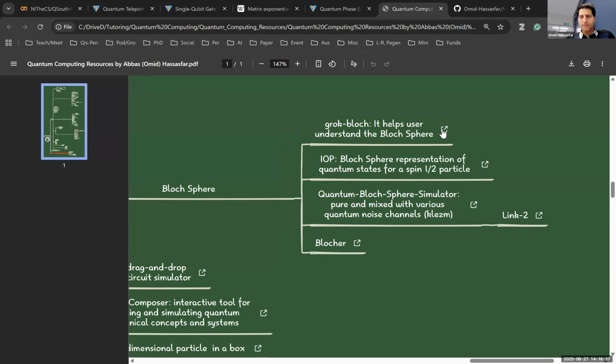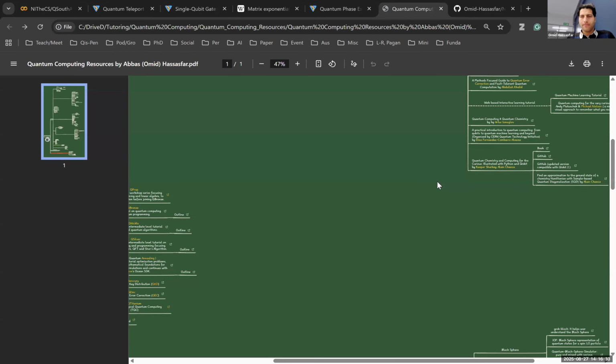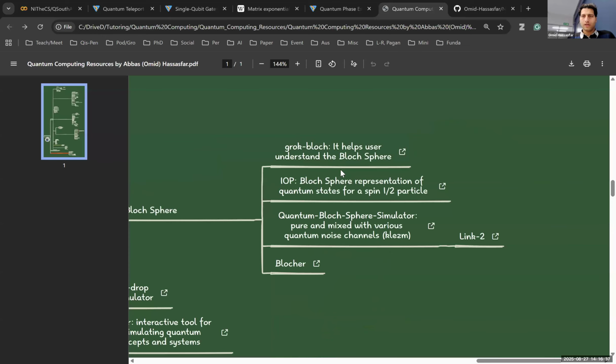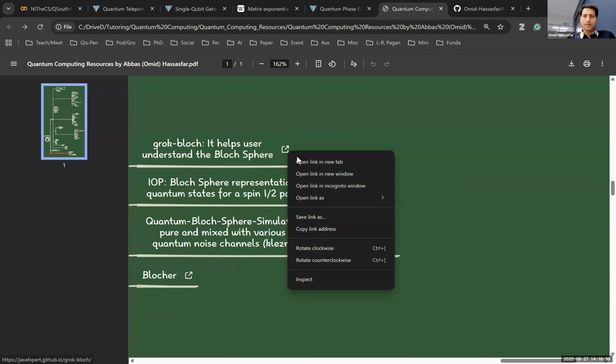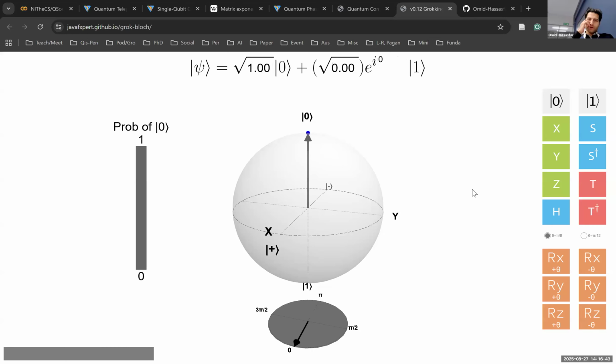Let me just open one of these. For example, I don't want to check every detail here, just want to show you the brief explanation, and then you have the link and you can check everything.